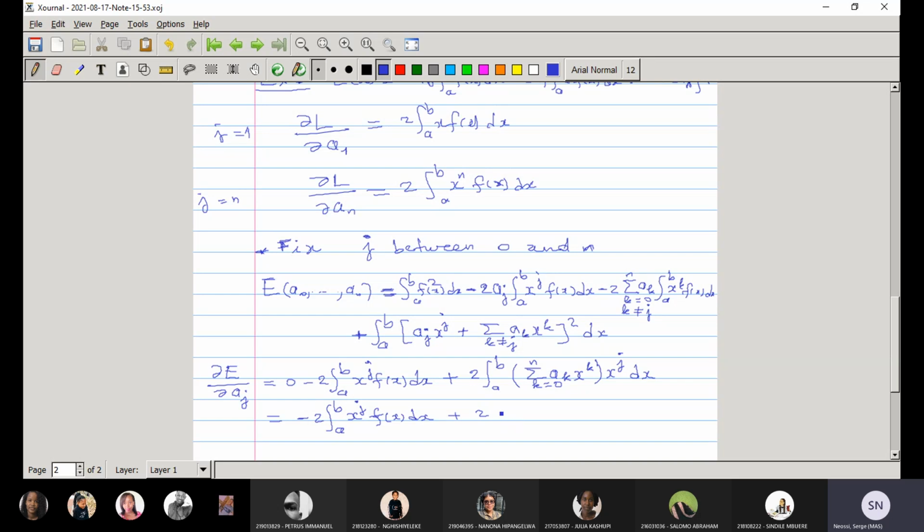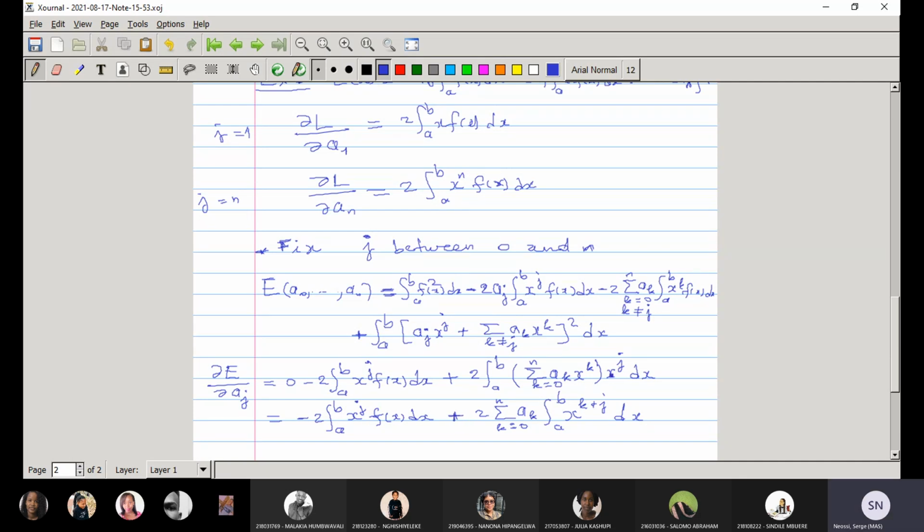So if I do that, I get the summation k running from 0 to n, ak, and then the integral from a to b of x to the k plus j dx. So this is what we get.